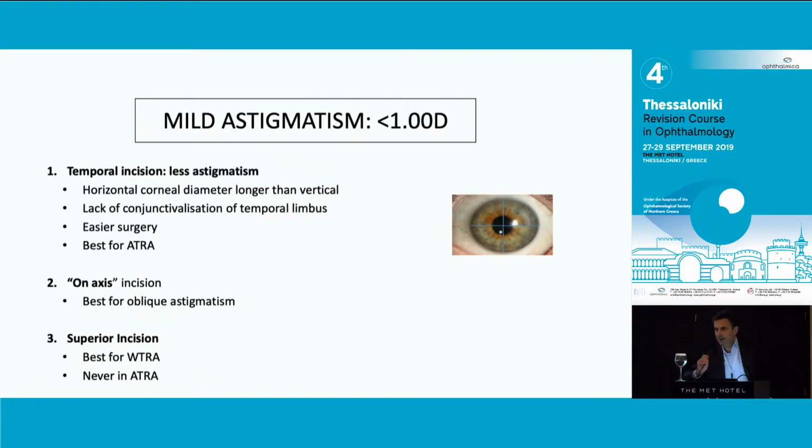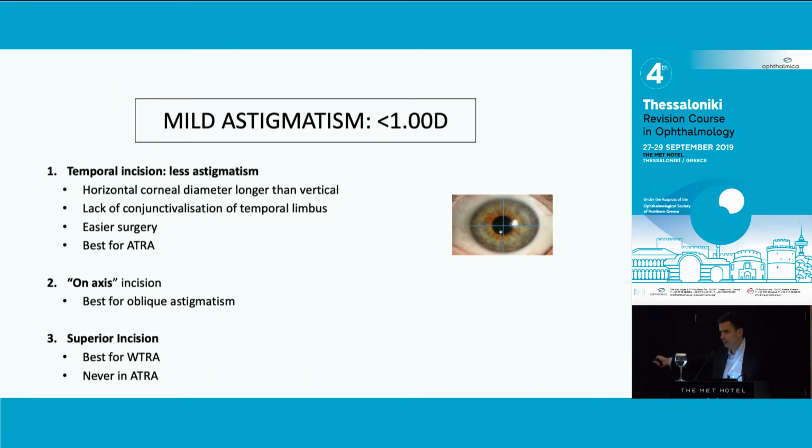And by the way, bear in mind that with-the-rule astigmatism is easier to correct for anatomical reasons, because the corneal diameter is shorter vertically, but also because there is the lid and the limbus which actually goes on top of the anatomical cornea. So your vertical superior incision will always be closer to the center of the cornea, and therefore you will cause more astigmatism, which can be advantageous when you're dealing with with-the-rule astigmatism.